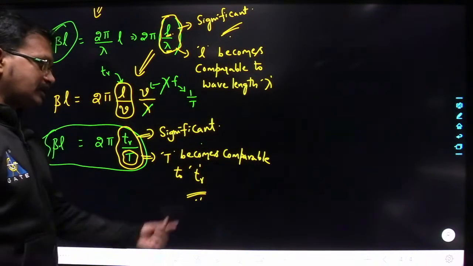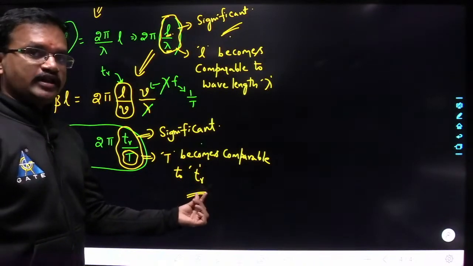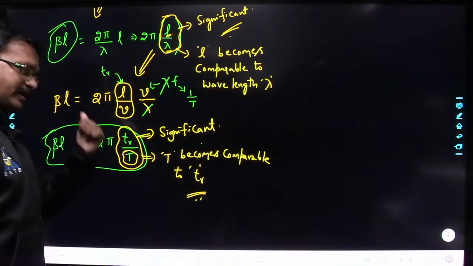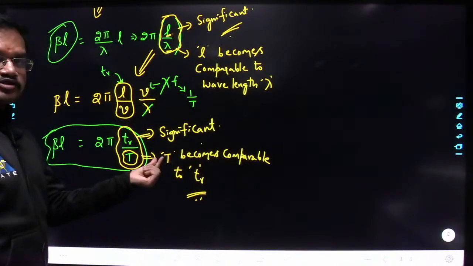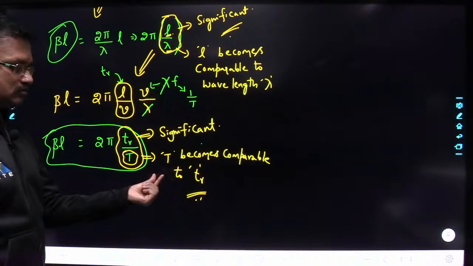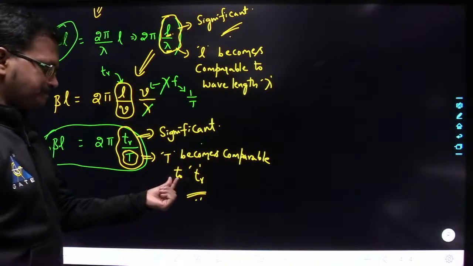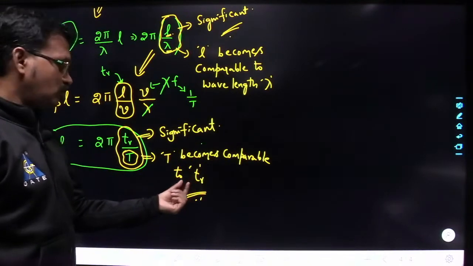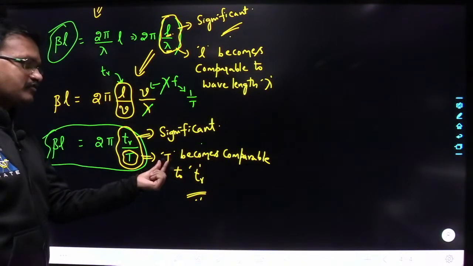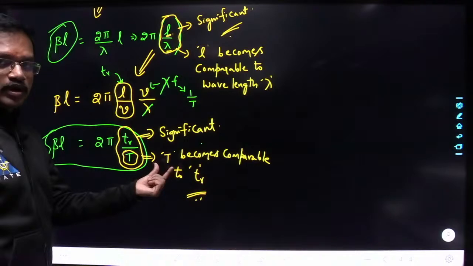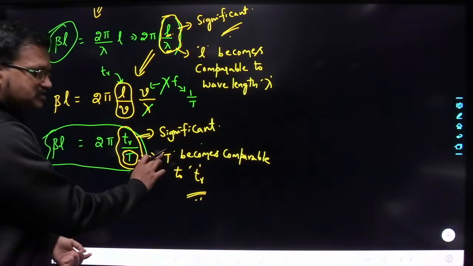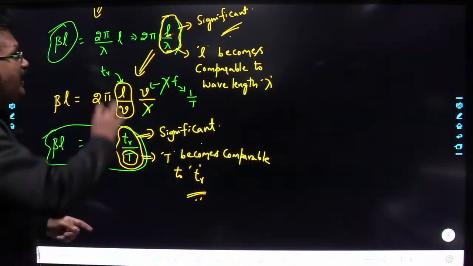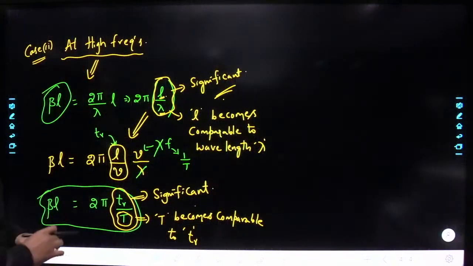We know that TR is very small. Yes or no? Now at high frequencies the time period of the signal will also become very small, such that the time period of the signal and this transit time will become comparable.